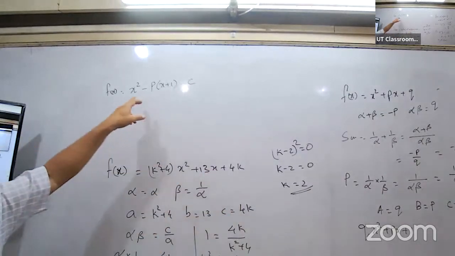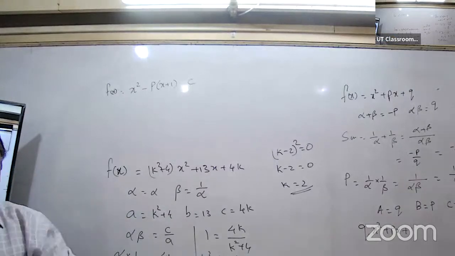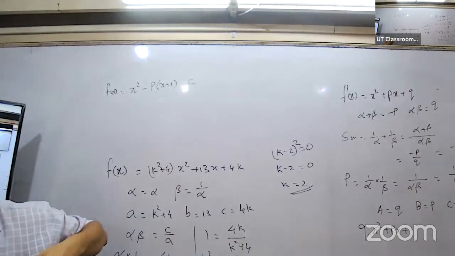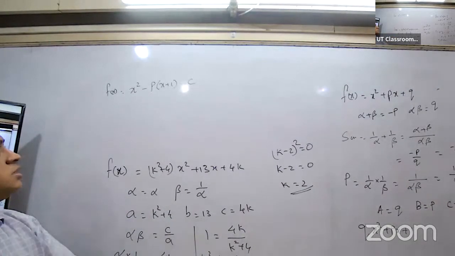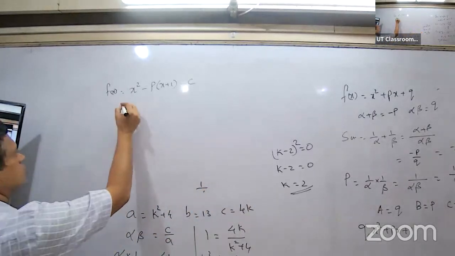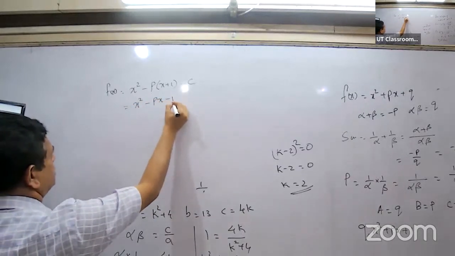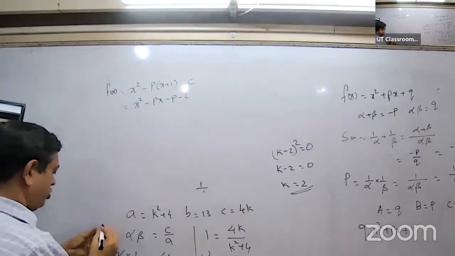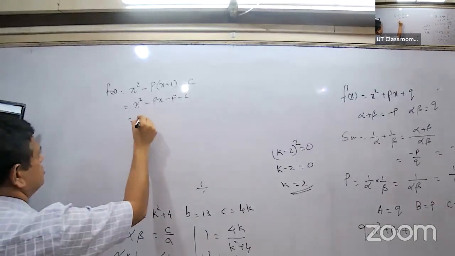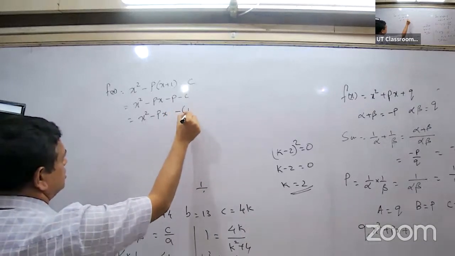This is not in the general form. What is the quadratic polynomial? Ax square plus bx plus c. Is it in the ax square plus bx plus c form? No. So first you have to open it, that is x square minus px minus p minus c. Are you followed or not? That is equal to x square minus px. If you want to take minus, you can take p plus c.